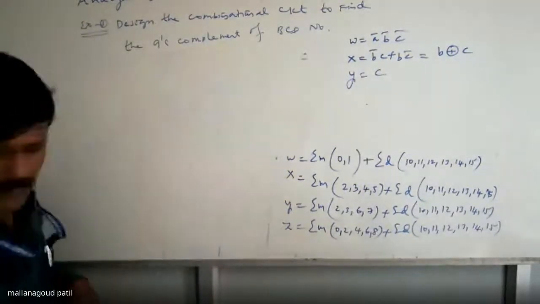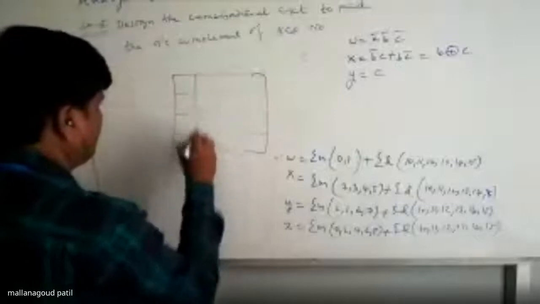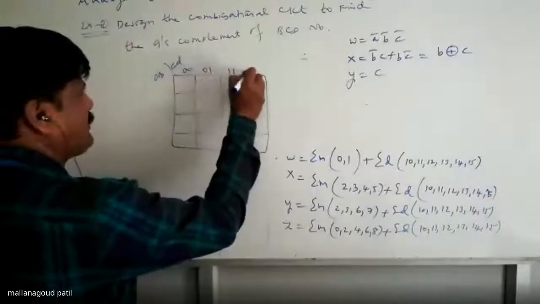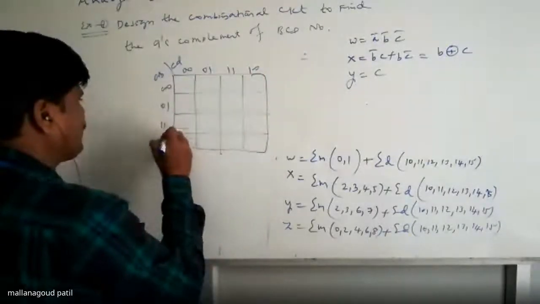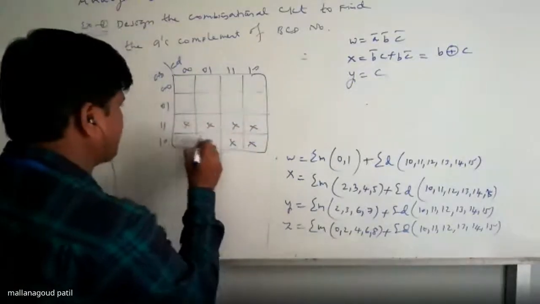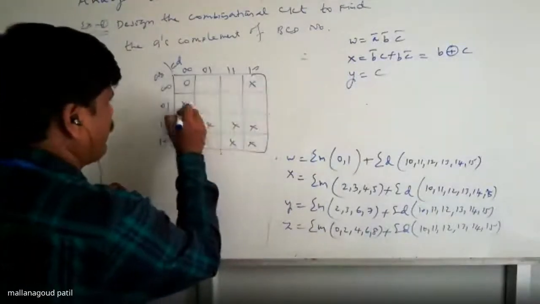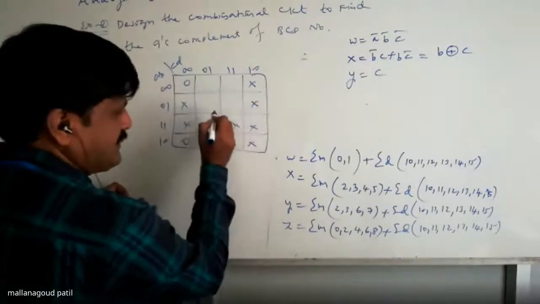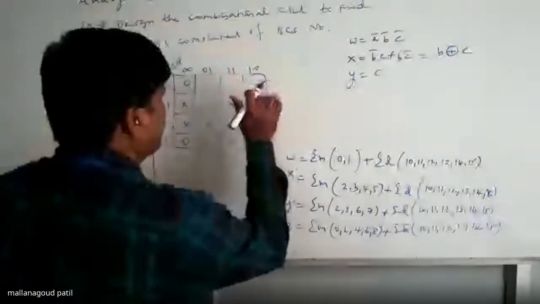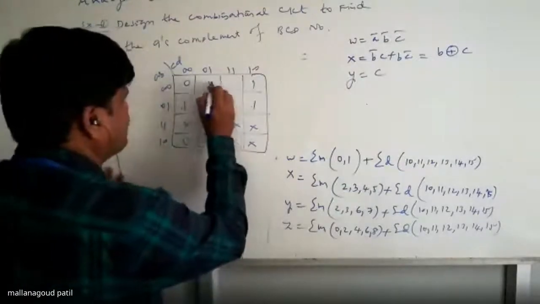Then what is last? You can go for Z. A, B, C, D: 0, 0, 0, 1, 1, 1, 1, 0. I'm writing fast. This is X anyhow. Don't care is there, and you have a 0, 0.